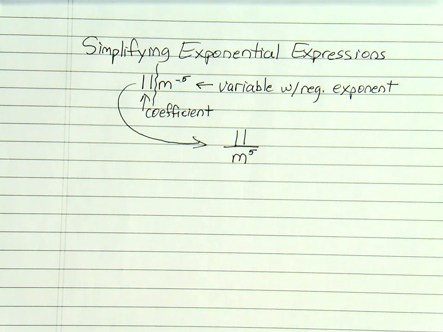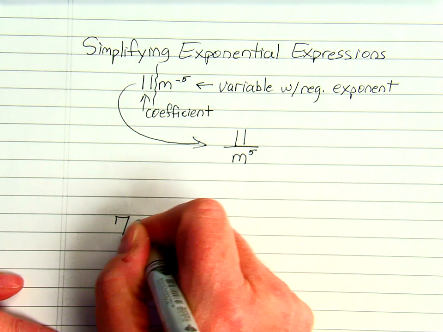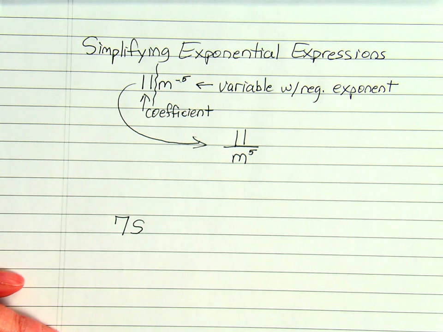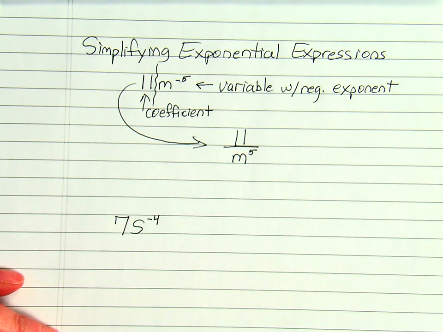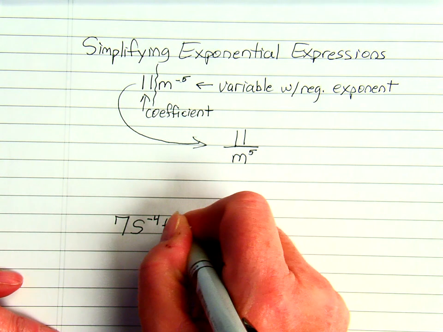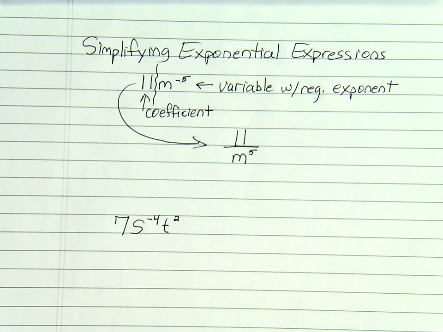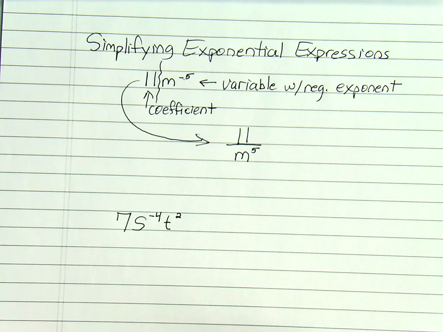And we have 7s to the negative 4 and t squared. Okay, so 7s to the negative 4 and t squared.